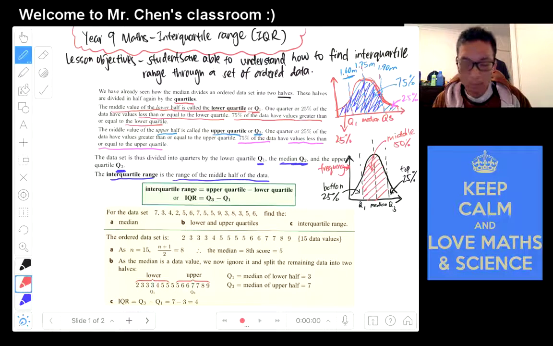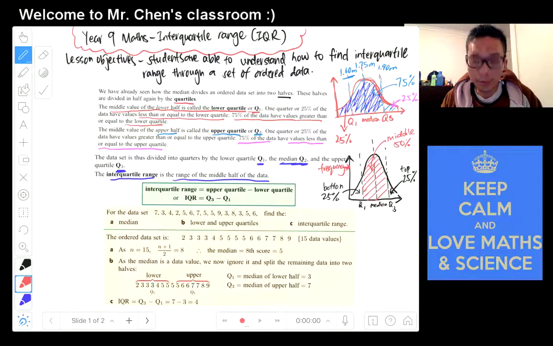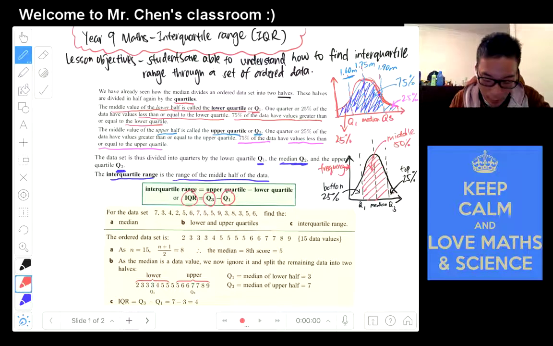I'm going to show you one example to give you a better understanding. Just remember, to find the interquartile range, all you need to do is take Q3, the third quartile, minus the first quartile, Q1. Let's look at this example. For a data set, you have 7, 3, 4, 2, 5, 6, 7, 5, 5, 9, 3, 8, 3, 5, 6.